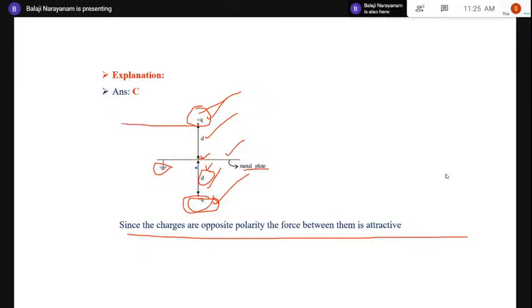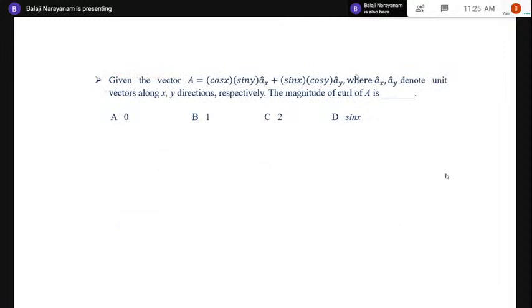So the total distance of separation between the two is 2d. So Q is here, minus Q is here. Just make use of F is equal to 1 by 4 pi epsilon Q1 Q2 by d square, and then you may easily solve.